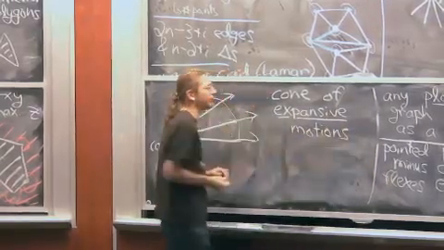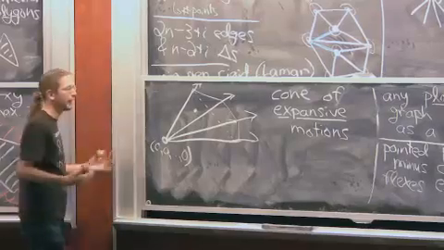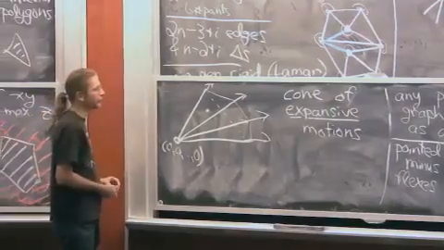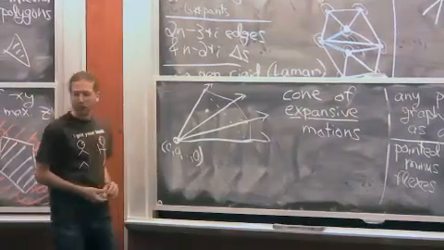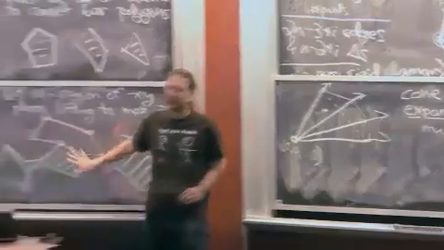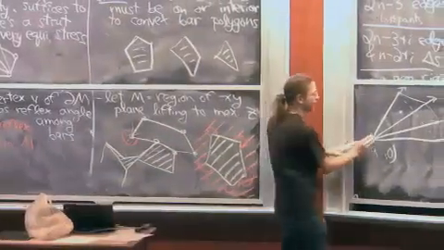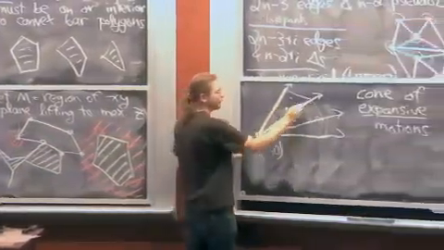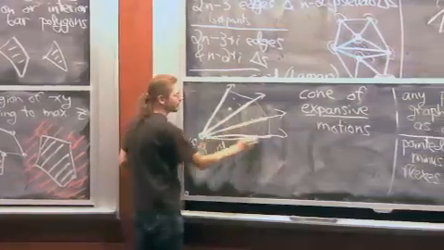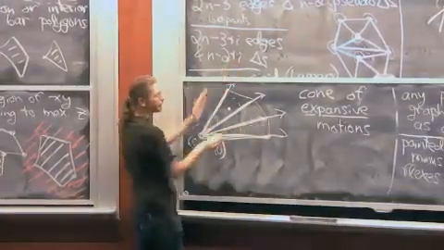It's a cone of motions of a particular tensegrity where we add all pairwise struts. Then pseudotriangulations correspond to these edges of the cone. These edges, they're really rays, right? They go off to infinity.